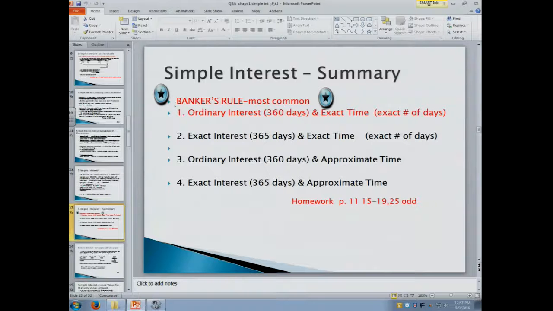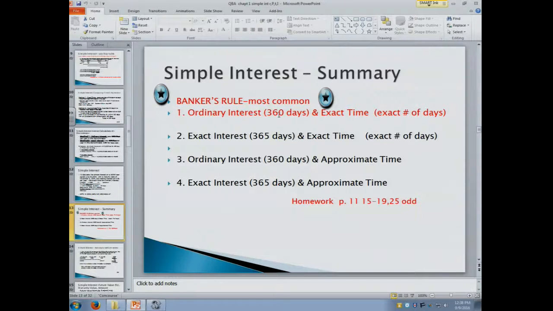The most common combination of those is Banker's Rule. 90% of your problems in this class and in the world will be Banker's Rule. That is exact time and ordinary interest. Exact time, you're counting the exact number of days from your calendar sheet, and you use 360 in the denominator.